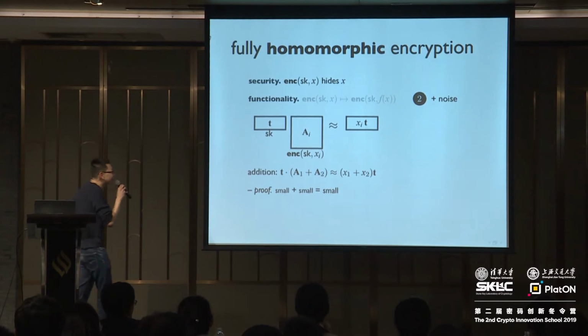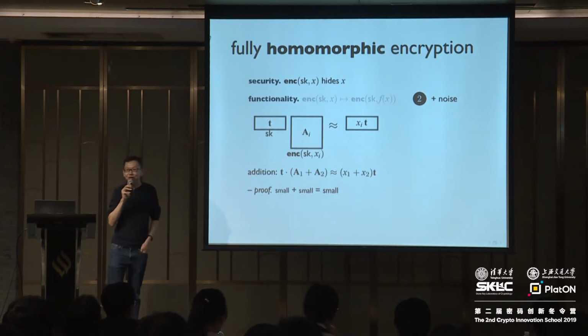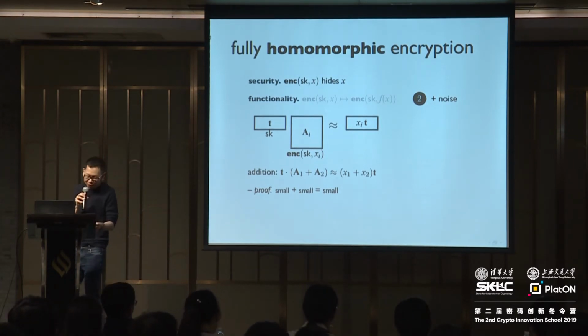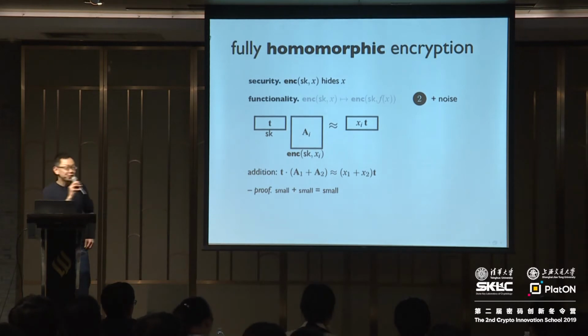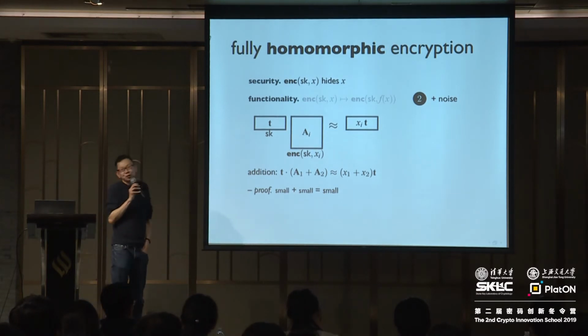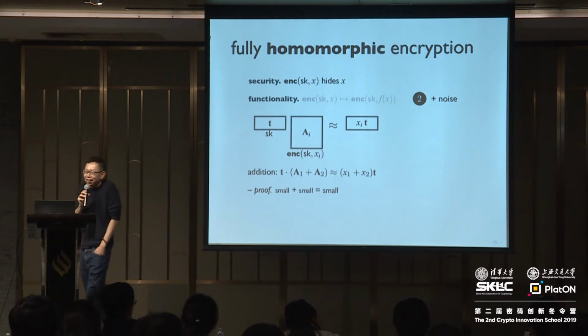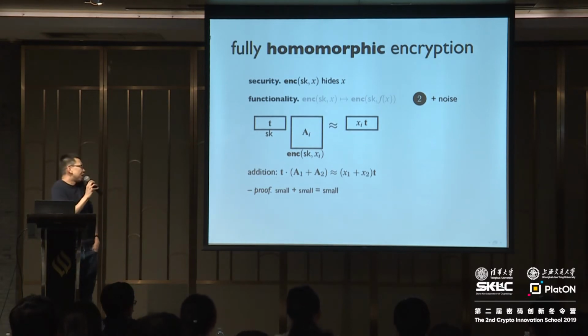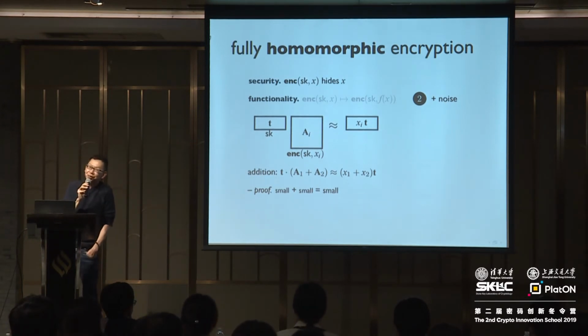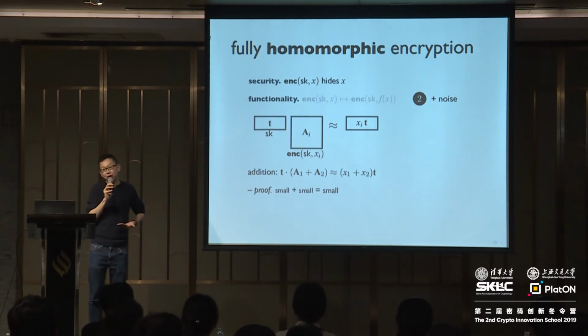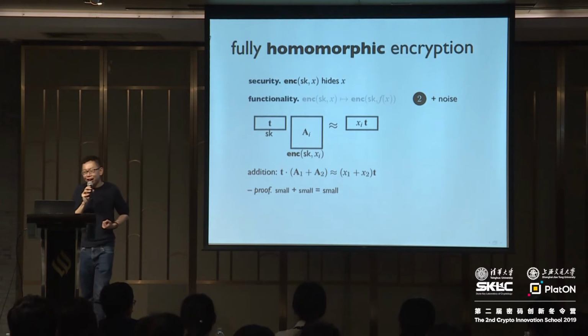Alright, so let's see if this scheme is still fully homomorphic. It's not going to be, but let's see how far we can go. Alright, let's first try addition. So we repeat what we did before, and given A1 and A2, which are encryptions of x1 and x2, we try to produce an encryption of x1 plus x2 by adding the two matrices together. Okay? Now, it turns out this sort of works.